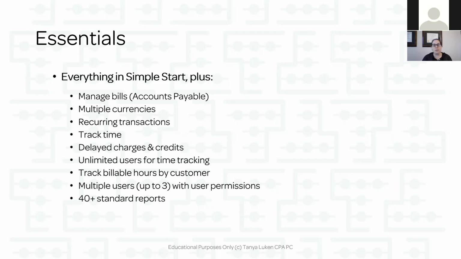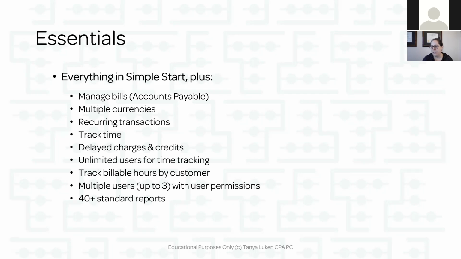It allows you to use multiple currencies, which in today's global environment sometimes is very helpful. It allows you to do recurring transactions, meaning that you can automate. If you have to pay your rent, for example, every month, you can set up that bill to automatically pop into your QuickBooks and be entered for you every single month. It allows you to track your time, and that time is for employees or for contractors. It does delayed charges and credits.